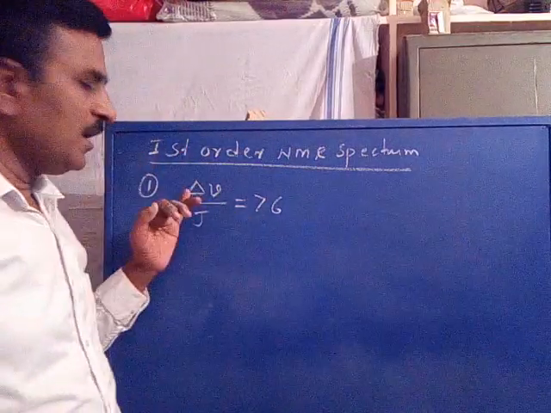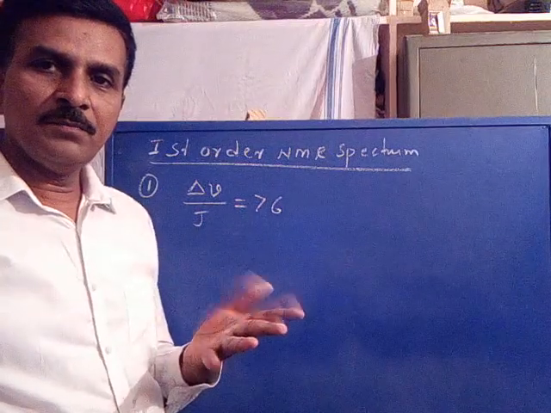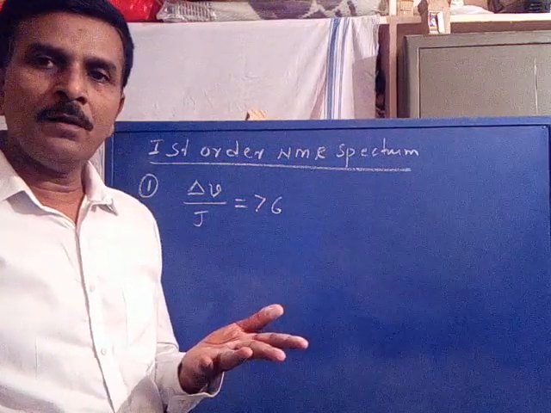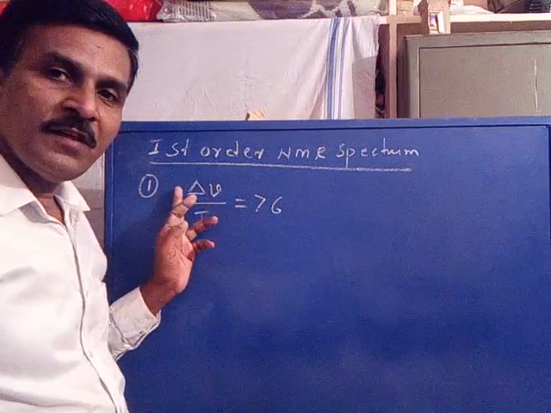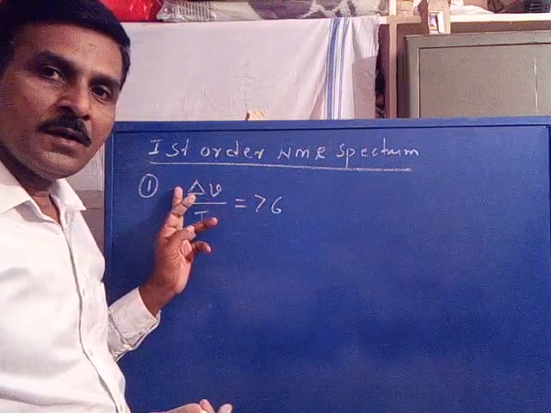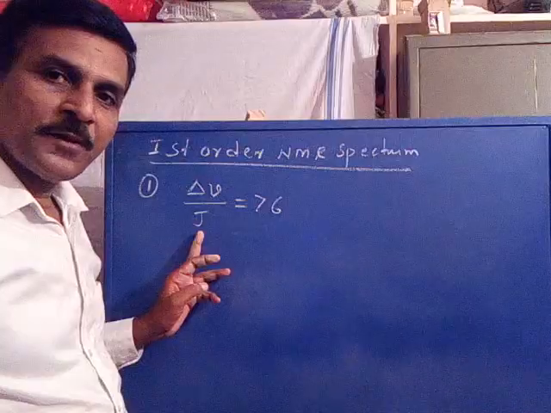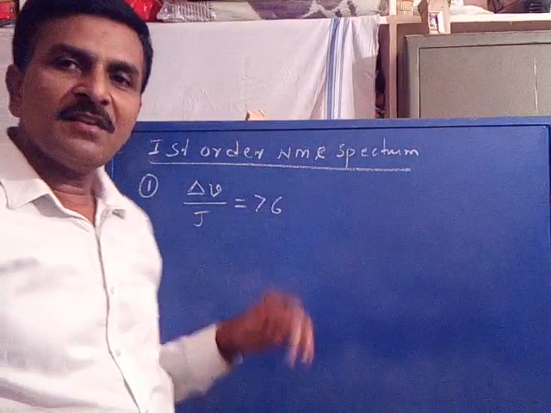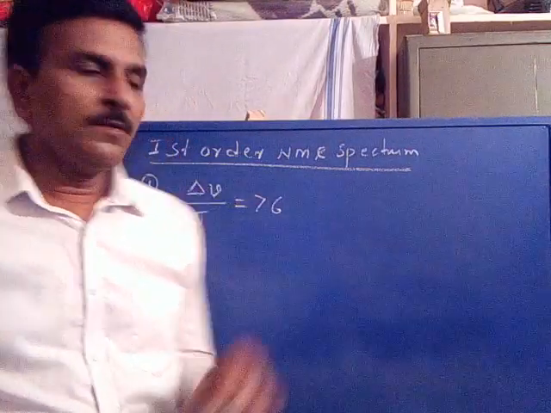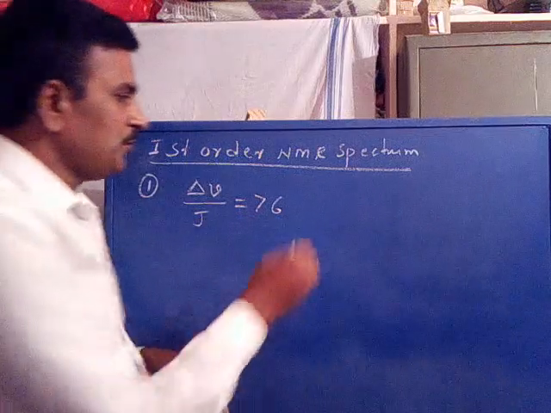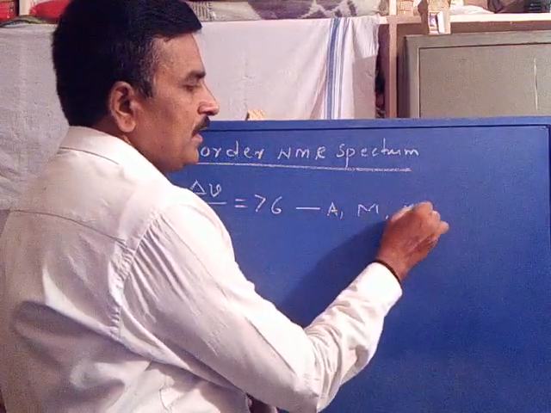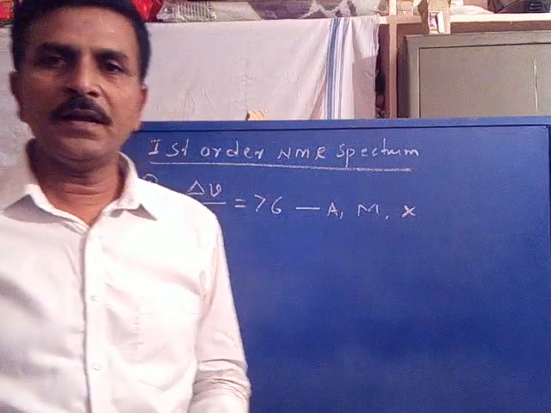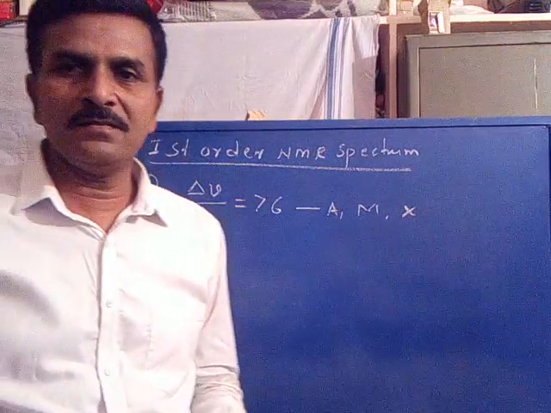So if the frequency difference between the coupled protons with respect to their J value is greater than 6, under this condition we should use letter A, letter M, letter X.